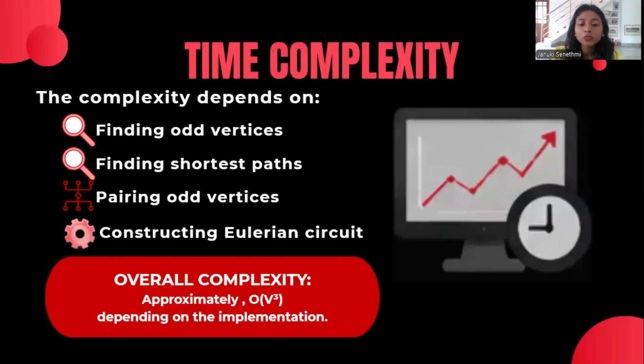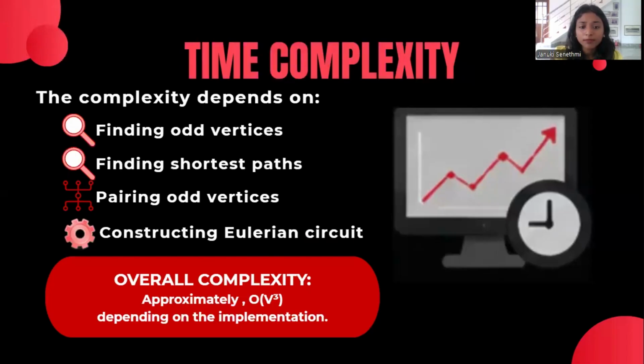Now, let's briefly discuss efficiency. The running times depend on several operations. Finding odd degree vertices is relatively fast. Finding the shortest path between odd vertices requires algorithms such as Dijkstra's or Floyd-Warshall. Pairing odd vertices is the most computationally expensive part.